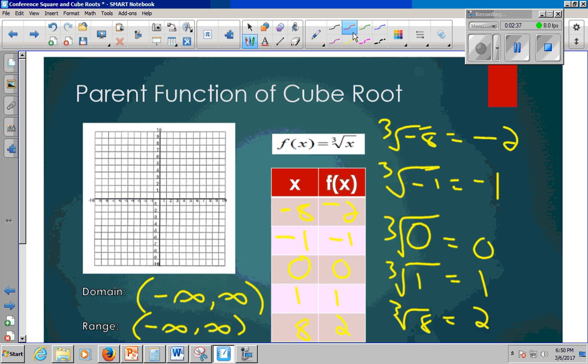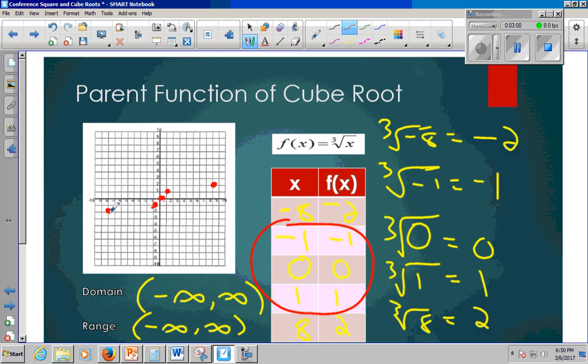So if you were just to look at these points in the middle, right, if you plotted (0, 0), (negative 1, negative 1), and (1, 1), you might think this is a straight line, just like we saw with the square roots with the 2 points. So you have to plot some more points. Let's see if 2 more is sufficient. So we could have (8, 2) and (negative 8, negative 2).